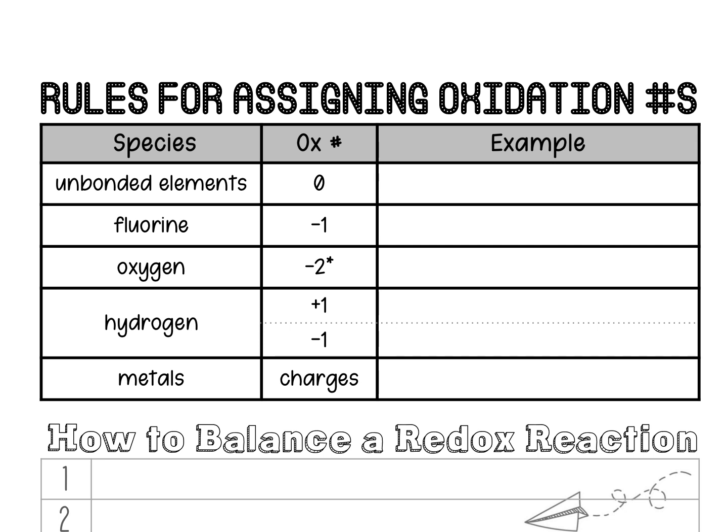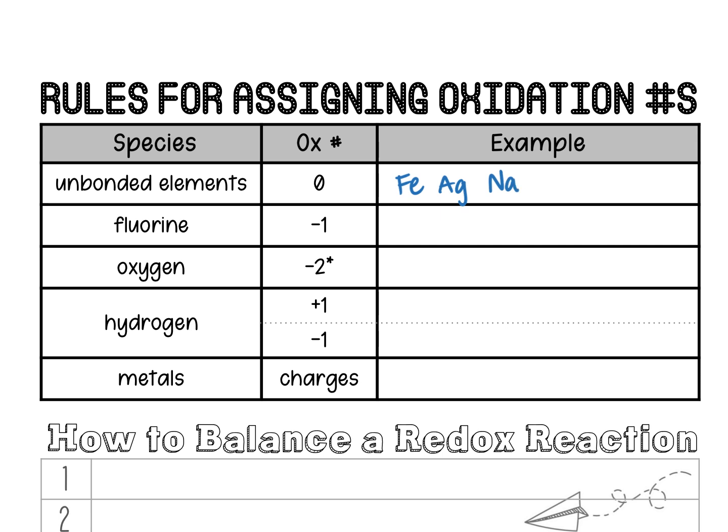There's a couple of rules here, and we'll go through some of the specifics, but we'll start out with our unbonded elements. These are elements that are not bonded to any other elements. So, some examples are iron, silver, sodium.